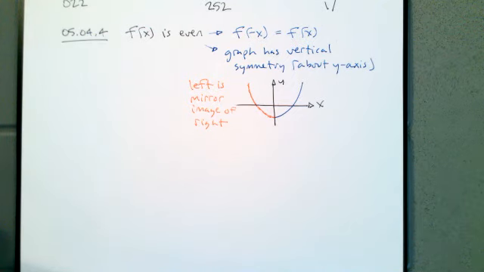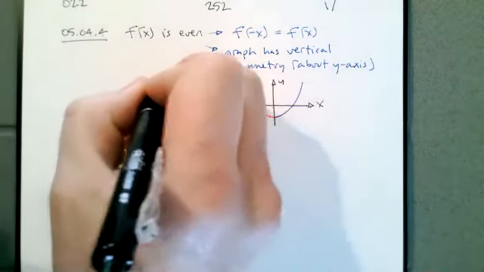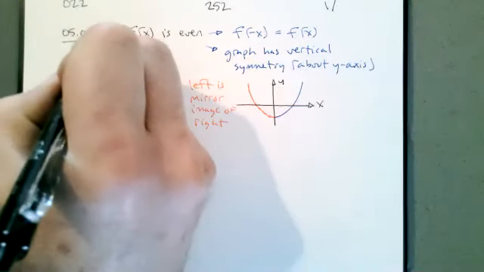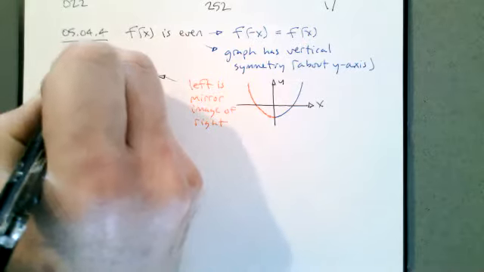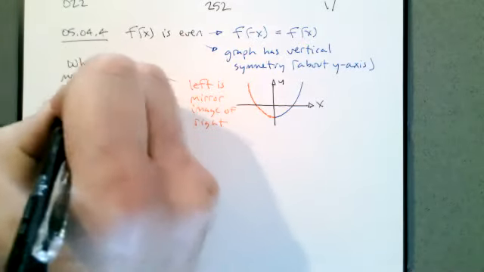All right. So the left is a mirror image of the right. So what does this mean in terms of integrals? That's what we care about now. What does this mean for integrals?